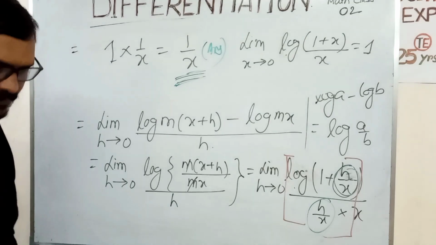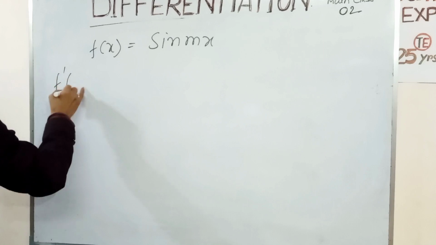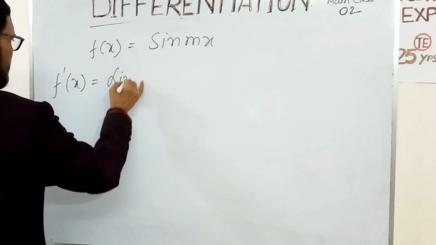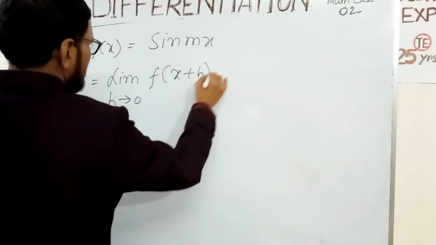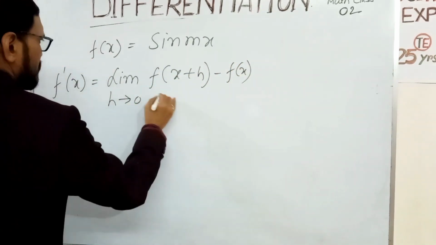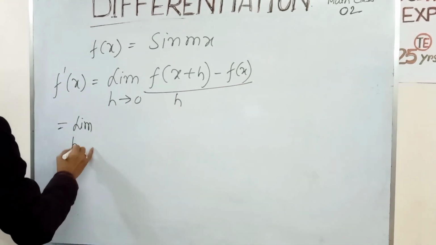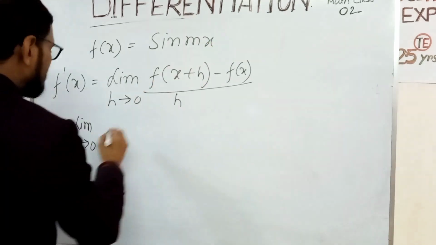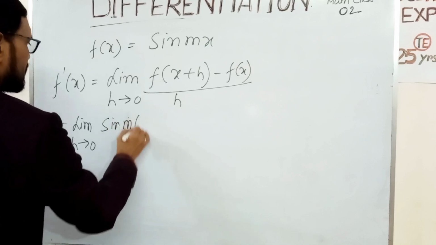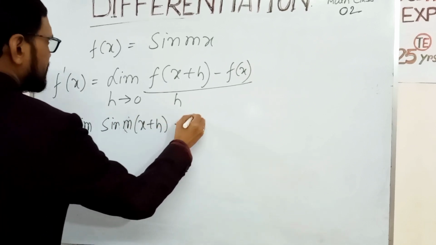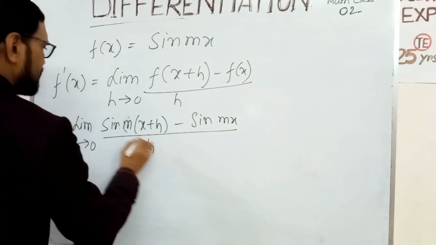Next term is sin mx. So f dash x equals limit h tends to 0 of f of x plus h minus f of x by h, which is equal to limit h tends to 0 of sin m of x plus h minus sin mx by h.